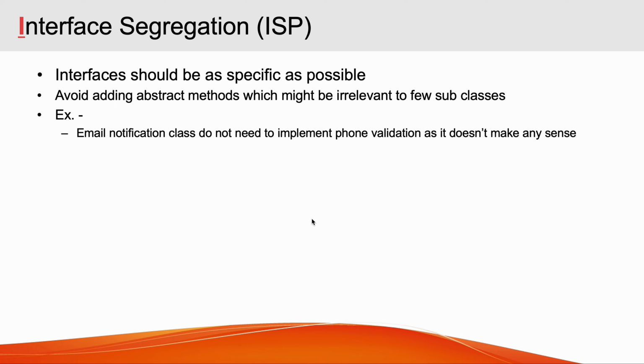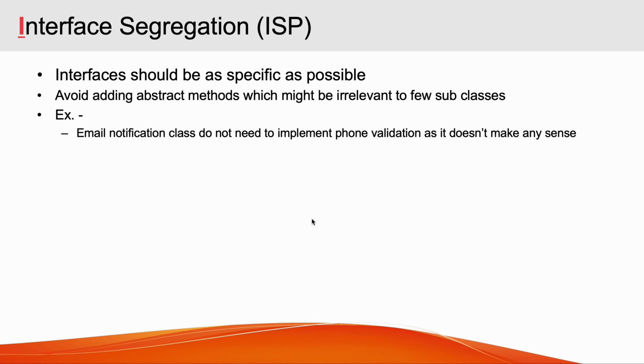So if you are creating a base class where you have both phone validation and email validation methods, then when you extend that base class into email notification or phone notification, you have to implement both of them, even though one of them is not required.